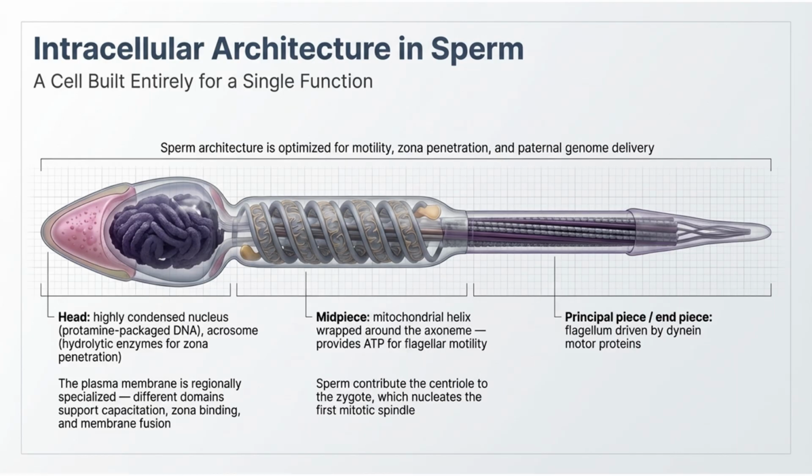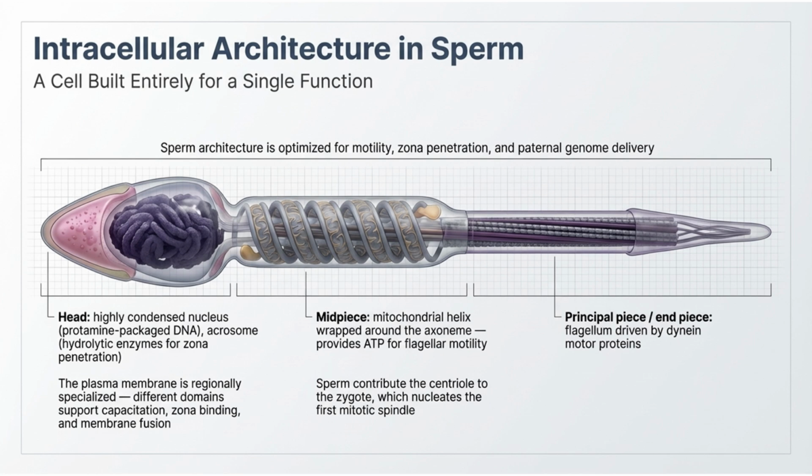The head of the sperm contains two essential structures. First, the nucleus, a highly condensed package of deoxyribonucleic acid organized not around histones, as in all other human cells, but around protamines, small, highly basic proteins that package deoxyribonucleic acid at extraordinary density.